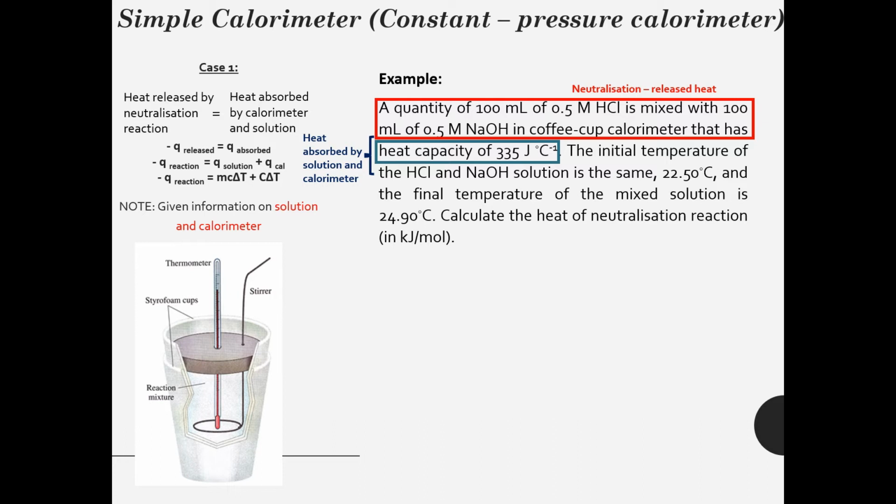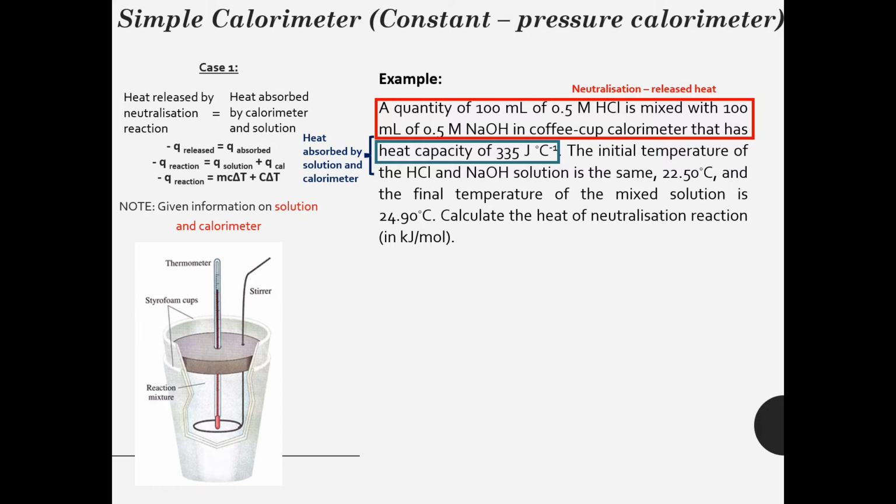And there is information for the calorimeter as well, because this question gives the heat capacity of the calorimeter, which is 335 joule per degree Celsius. So this is case number 1, where the neutralization reaction releases heat which is absorbed by the solution formed and also the calorimeter.